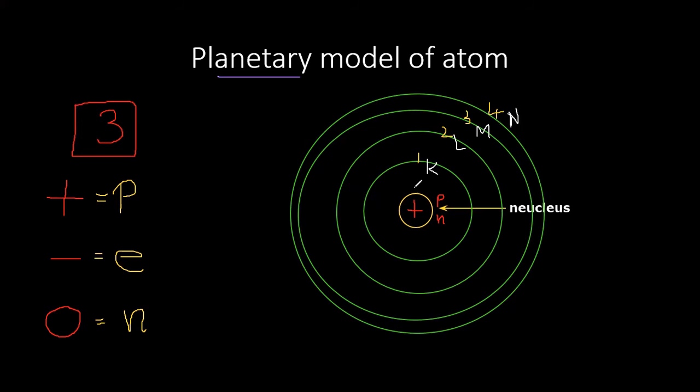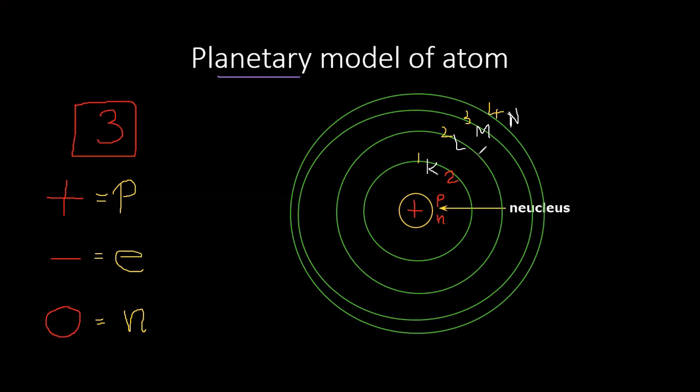In these energy levels, there is a particular number of electrons which each energy level can hold. If we take the K energy level, the K shell, the maximum number of electrons it can hold is 2.